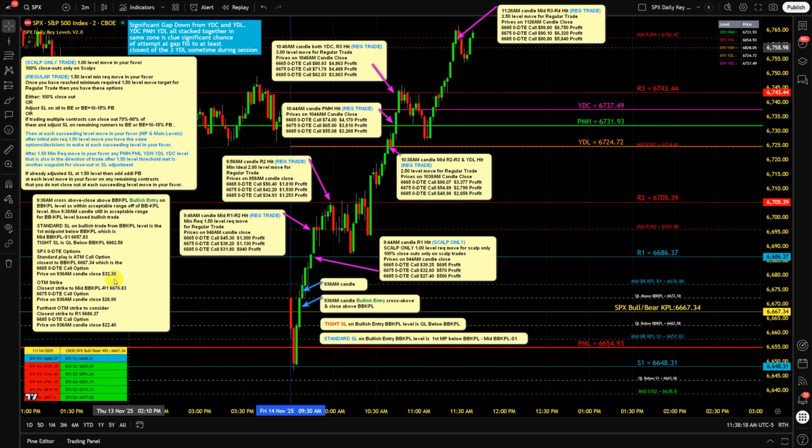or you're just adjusting the stop loss on all your contracts, then break even would be the price that you paid for the option, or break even plus a 10 to 15% initial profit buffer, which means you're adding 10 to 15% onto this price. So for example, 32.30: 10% would be basically $3.22.